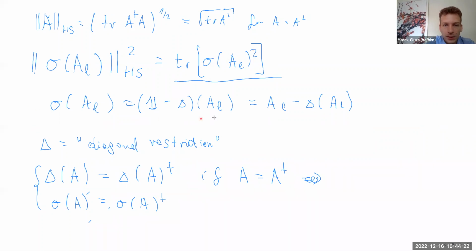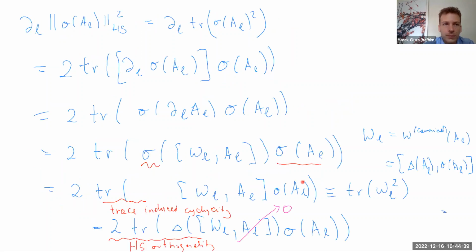And I was repeating here the definitions. Later we need that the restriction is the operator and remove the diagonal. And delta in my notation is the diagonal restriction, okay? Both operations preserve hermiticity. So now if we continue, the derivative, the change of this magnitude of the off-diagonal restriction during the flow is just simply consider this.